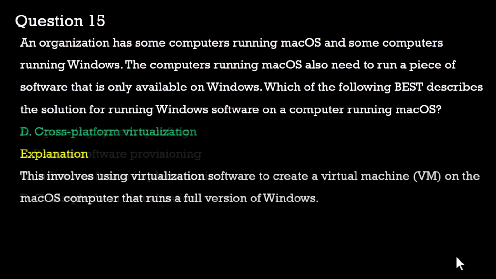So we'll be going with option D. Cross-platform virtualization allows the Windows-only software to run within the virtual machine as if it were on a native Windows computer. Some virtualization software that can be used are Parallels Desktop as well as VMware Fusion. So, the best solution for running Windows software on a computer running Mac OS is cross-platform virtualization.